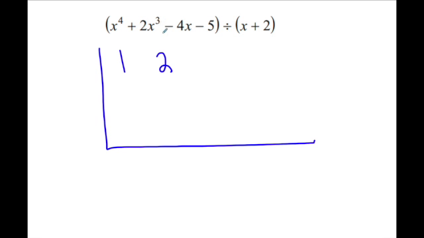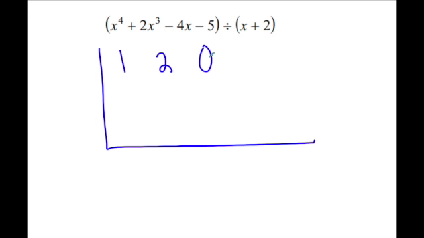This is the very, very, very big downside. Notice how there are no x squareds. You have to write 0. You have to. If you do not put the 0, you are straight out of luck with synthetic. You're going to get the wrong answer every single time if you do not fill in the 0 coefficients, okay?